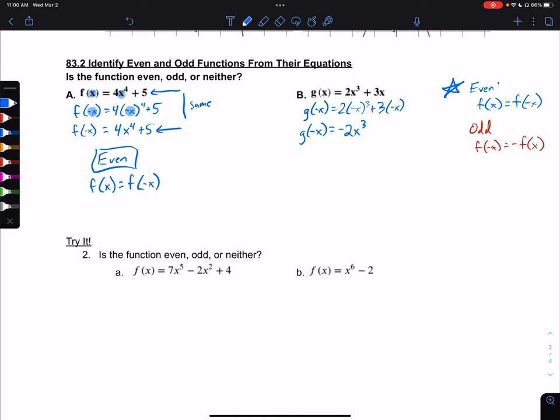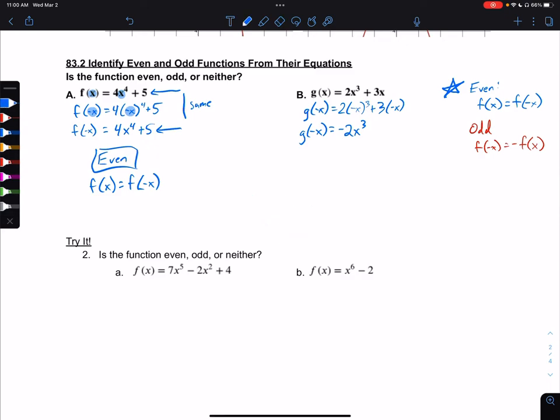It might take a little practice to get used to that, but just remember, if you're not really sure what to do, just plug in a negative 1. If I were to multiply this out, I'd get a negative 2. Keep the x's obviously when you're doing the problem, but use this as a little test to figure out whether the result is positive or negative.